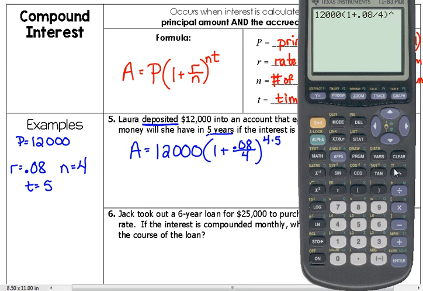Either you just go ahead and multiply those numbers, 4 times 5, and put 20 right here, or if you're not comfortable with multiplying in your head, then you need to put parentheses around the 4 times 5. Because if you do not, let me show you what happens.